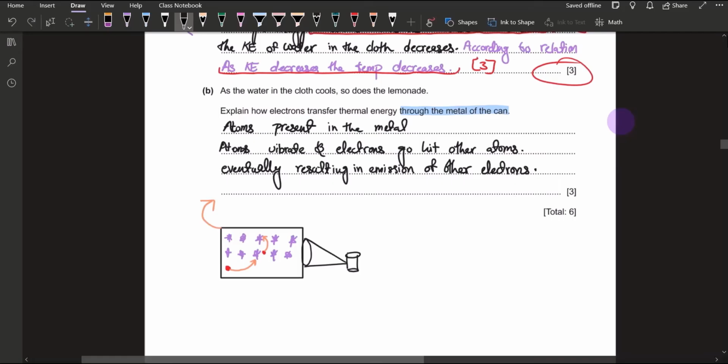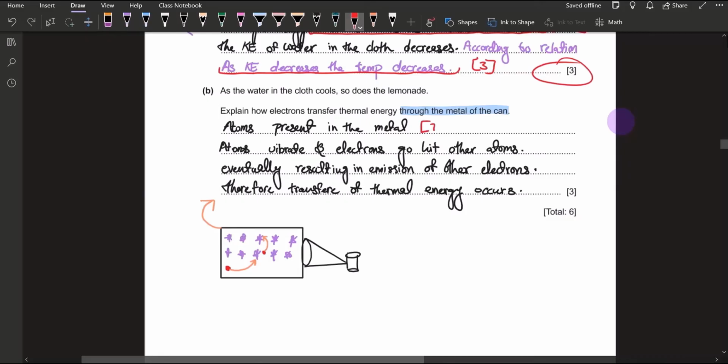And because of this, thermal energy keeps on transferring and the can will cool down after some time. So we can write down the same thing here. Therefore, transfer of thermal energy occurs.